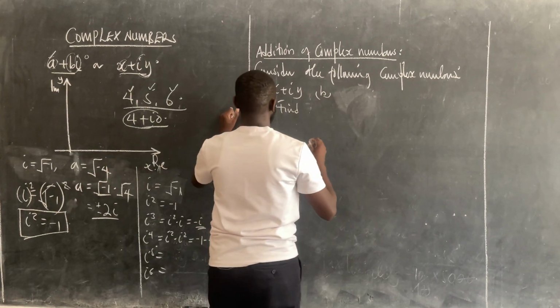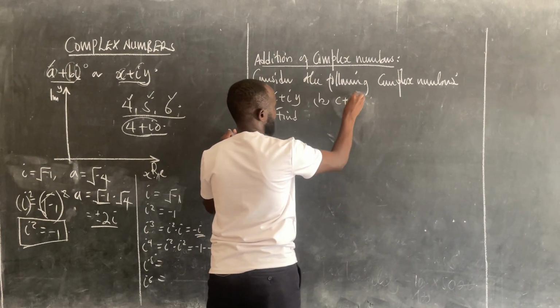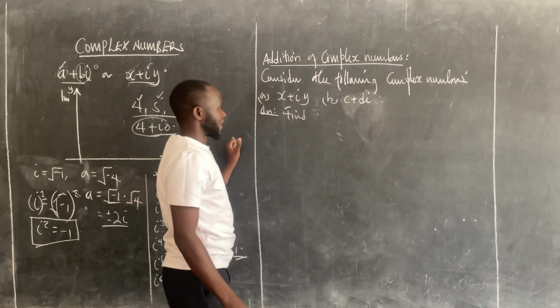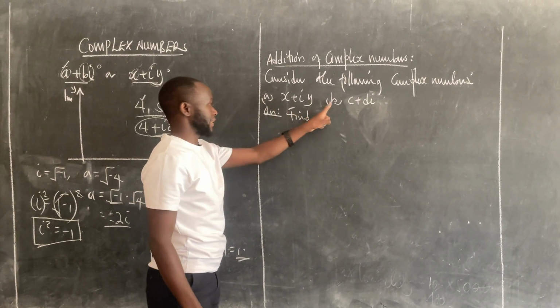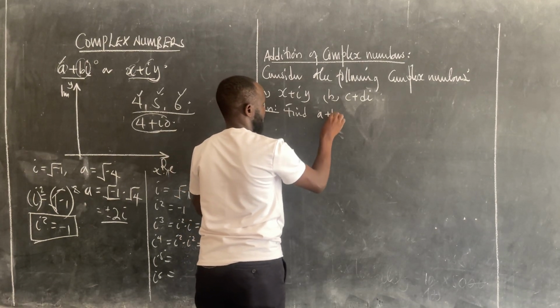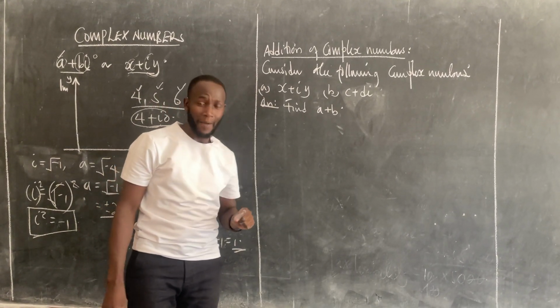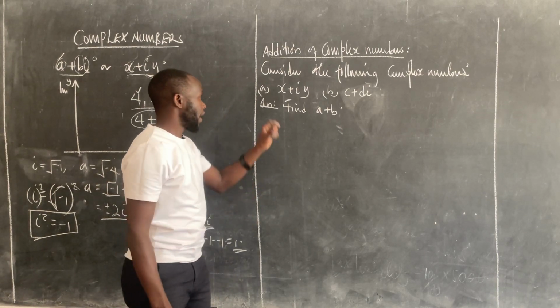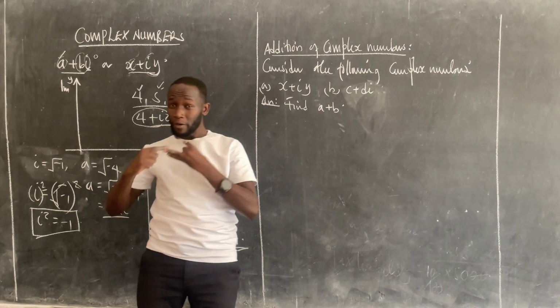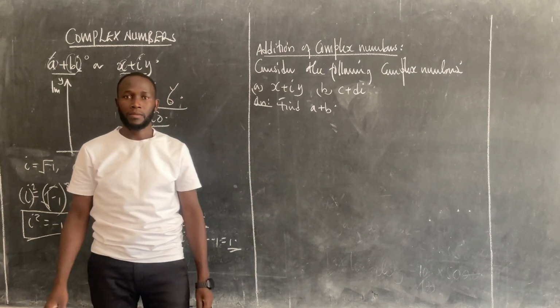Let me pick another one, which is maybe c plus di, such that I don't confuse the letters a and b. So if we are adding complex numbers, what we do is add the real part to the real part, and the imaginary part to the imaginary part.